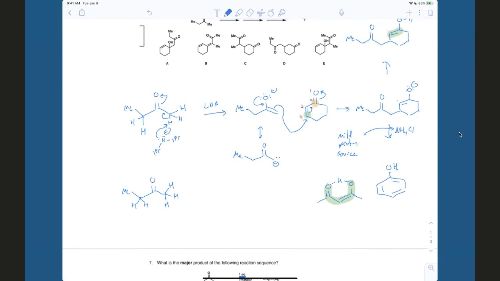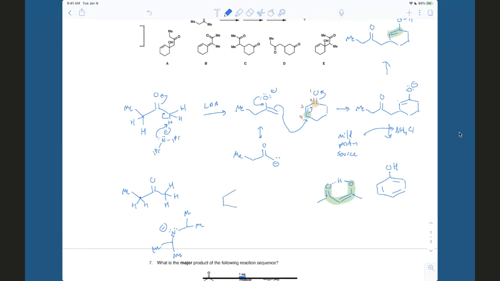The reason LDA is very selective is that it has these big isopropyl groups that surround it. This makes it hard to interact with more sterically hindered protons, so it will quickly deprotonate the least sterically hindered proton that's around. And it usually does this with very high accuracy and reliability.